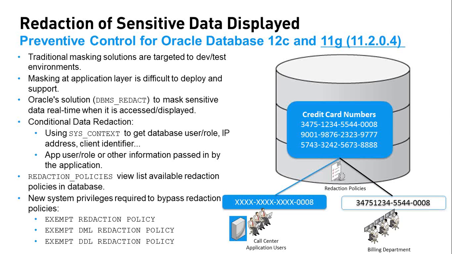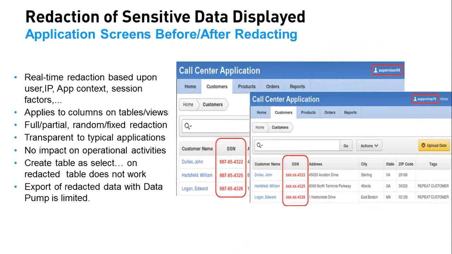And there is a view called REDACTION_POLICIES, which will list the available redaction policies created in the Oracle databases. And this is an example you can see on the slide where the supervisor can look at the SSN number, while a support engineer cannot look at the SSN number. It's partially masked using the redaction policies.